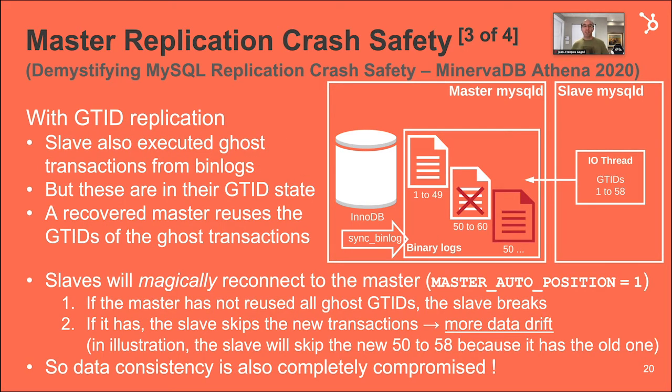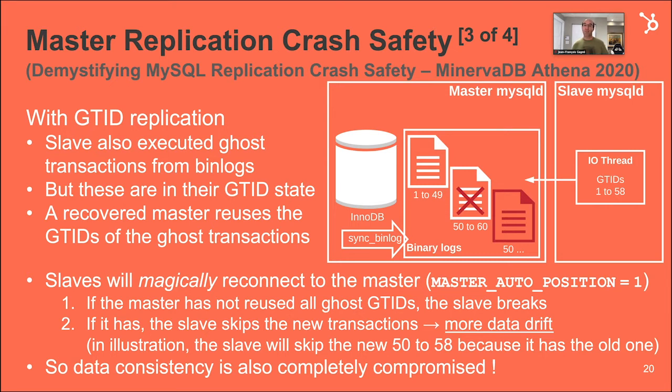With GTID, in this example, I'm using GTIDs 50 to 60 that are lost after a crash. So the binary logs matching GTID 50 to 60 are lost after a crash. The master restarts and only sees 49 in its GTID. So it will start creating transactions in a new binary log with GTID 50, 51, and so on.